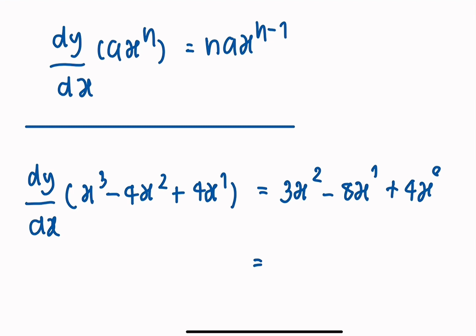And this is equal to 3x squared minus 8x plus 4 because x power 0 is equal to 1.